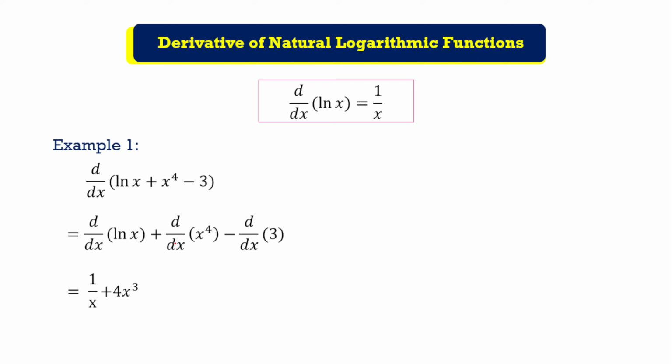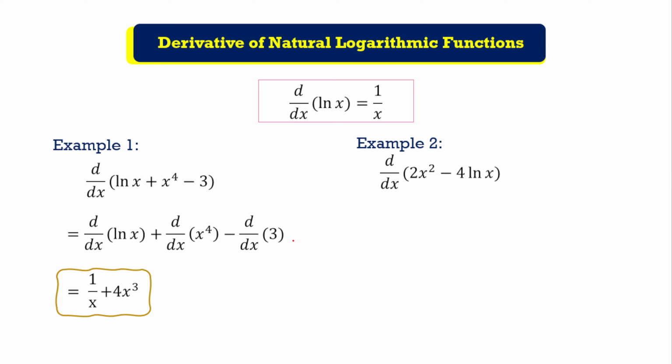The derivative of x raised to 4 is 4x cubed. Multiply the exponent to the coefficient 1, so 4 times 1 is 4. Subtract 1 from the exponent, so it becomes 3. The derivative of a constant is 0, so it is not included. So that's the final answer.